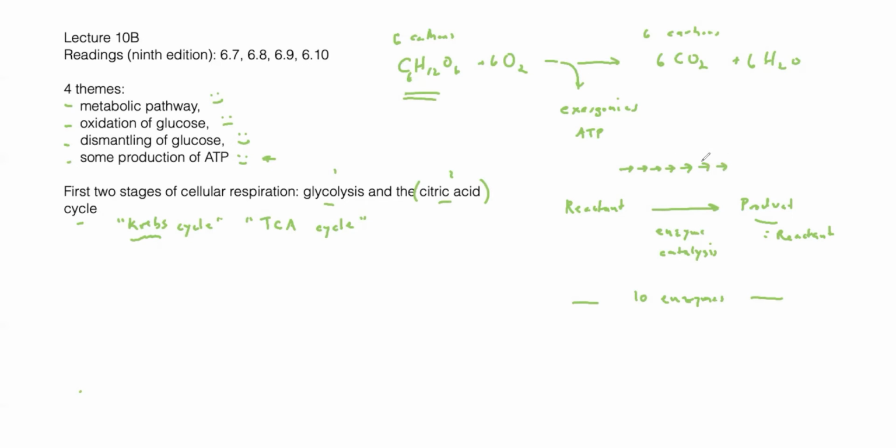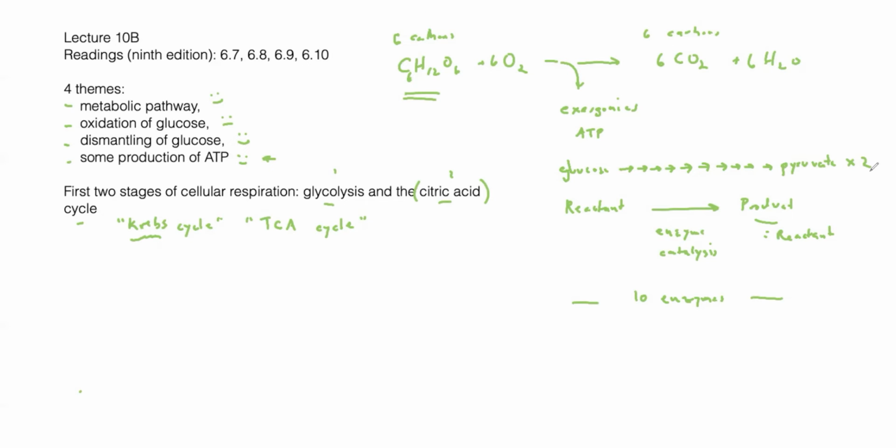And that's 1, 2, 3, 4, 5, 6, 7, 8, 9, 10. We've got 10 enzyme catalyzed steps that start off with glucose and end up with pyruvate. Actually, 2 molecules of pyruvate because the glucose is being partially dismantled.